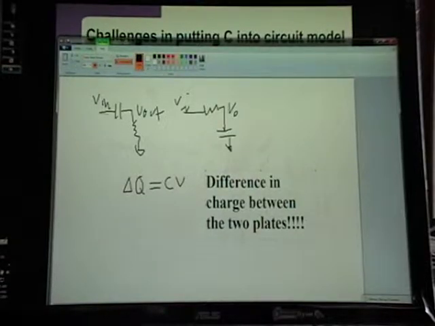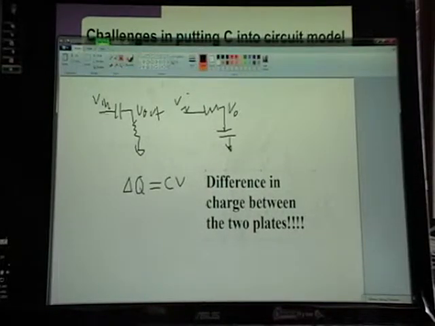And that's why when you move one side of a capacitor, if you move one side instantaneously, the other side has to change instantaneously, because it's the difference in charge between these two plates that gives you your voltage.